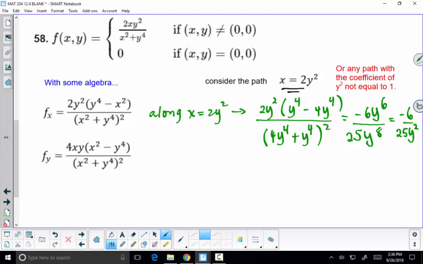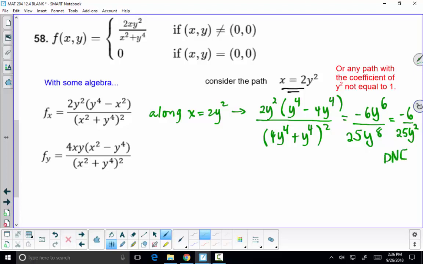Okay, so what happens when we're coming into the origin? If we come in along this path, does the limit of this exist? This is a DNE.